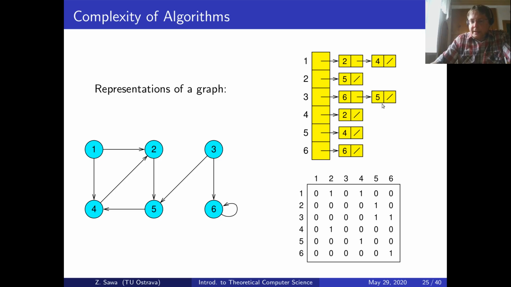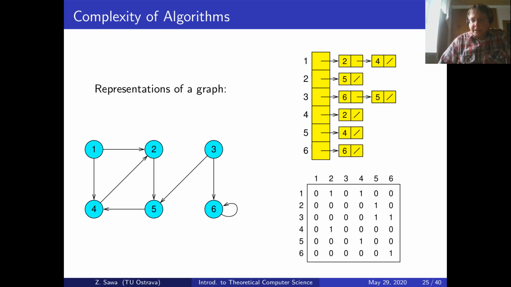On the other hand, in the matrix representation, to find all edges going out of node 3, for example, we must go through this row. If we had 1000 nodes, it would be necessary to perform 1000 steps.